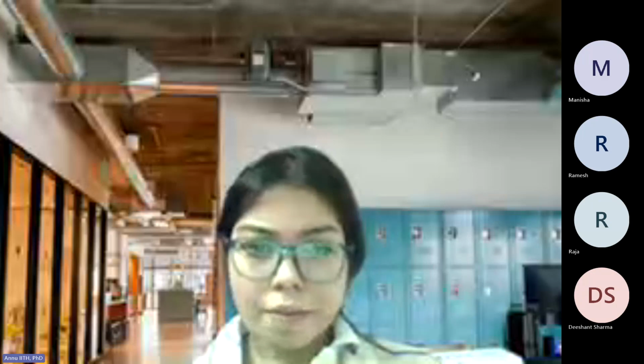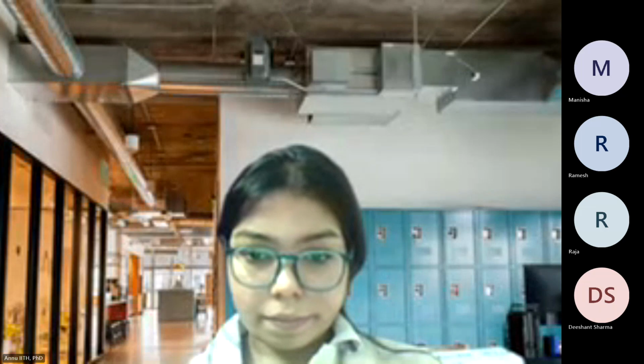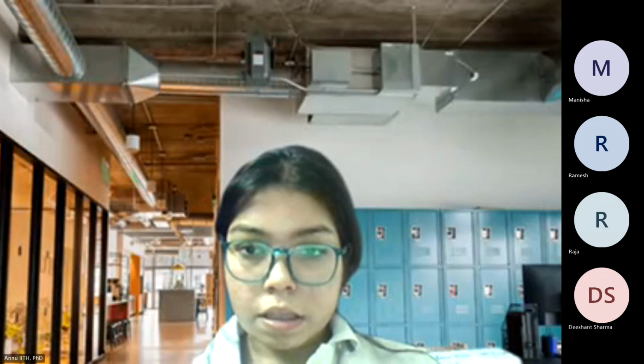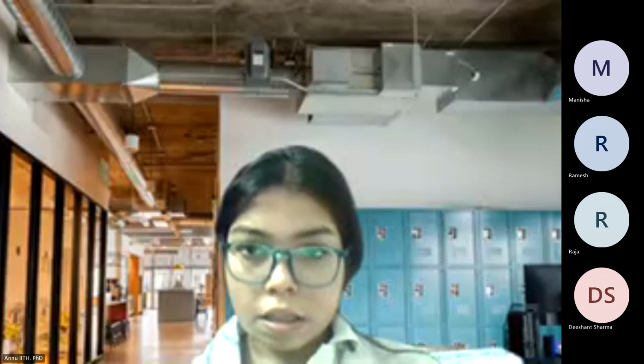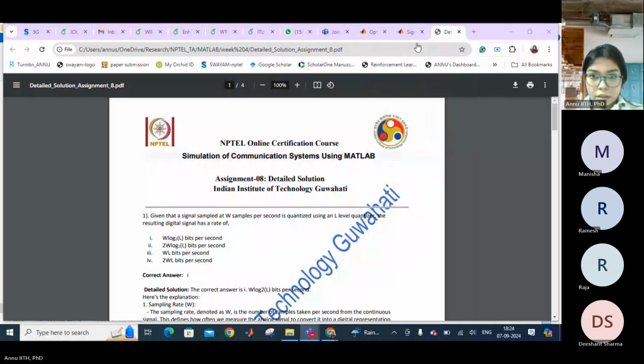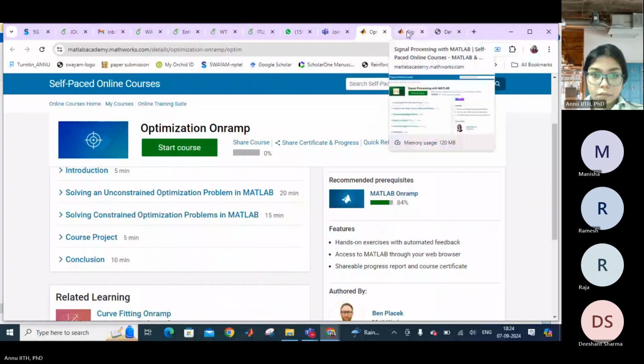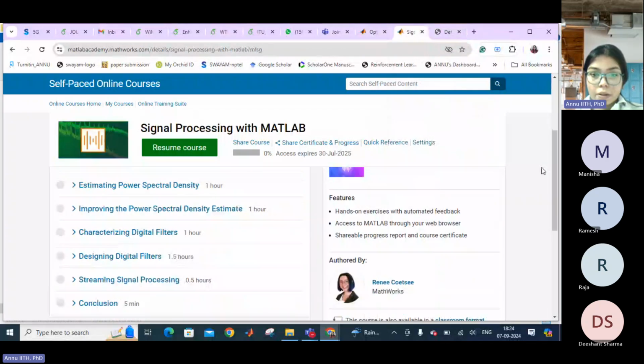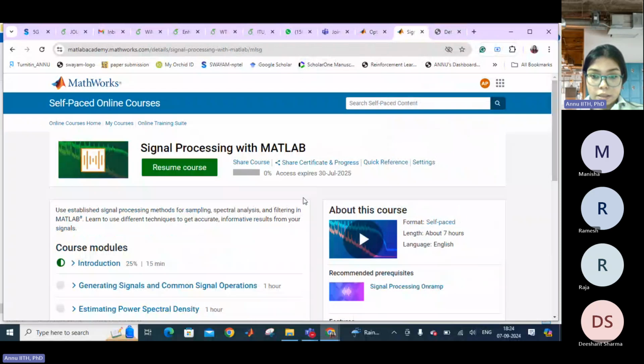So I'm sharing my screen to have some MATLAB simulations. Last class we saw everything about power spectral density and all, but we couldn't see how it reflects in practice.